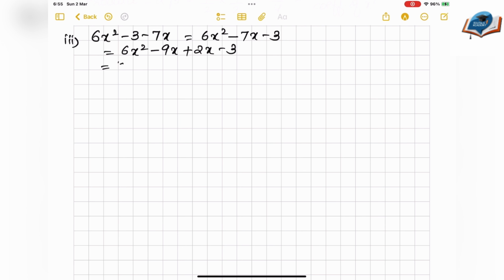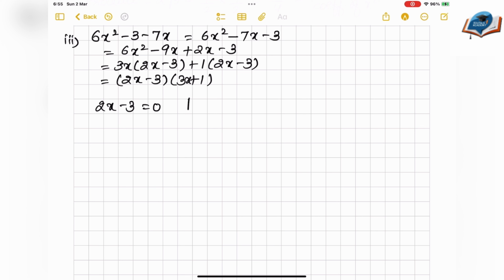So from the first two I am taking 3x common, so 2x minus 3, and from the second I am taking 1 common, so 2x minus 3. So this becomes (2x minus 3)(3x plus 1). So either 2x minus 3 equal to 0 or 3x plus 1 equal to 0.